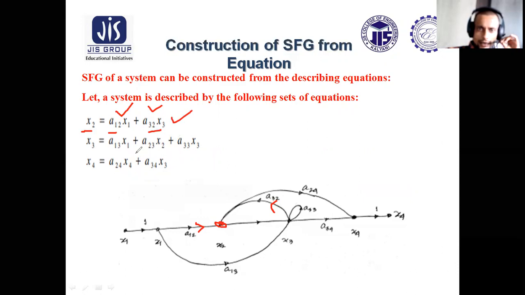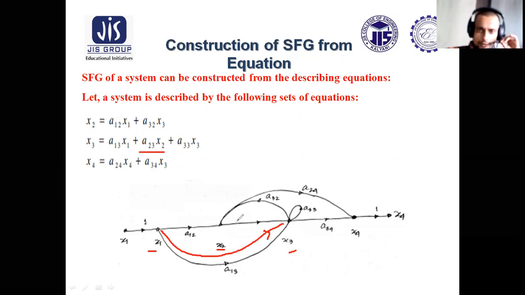Similarly, x3 is addition of this. So this is x1, this is x2, this is x3. x3 is addition of x1 multiplied by A13. So from x1, one signal will be towards x3. So this is A13 x1 plus A23 x2.